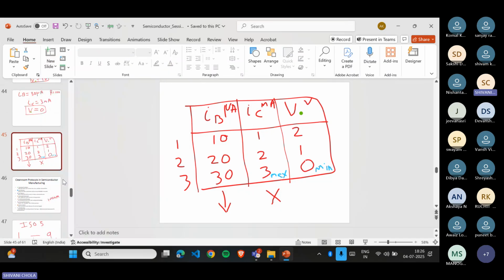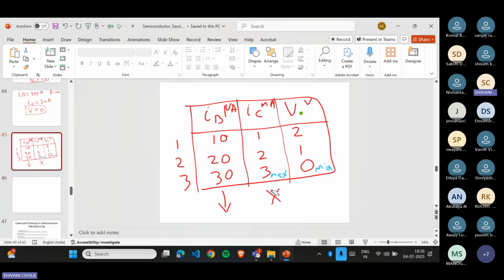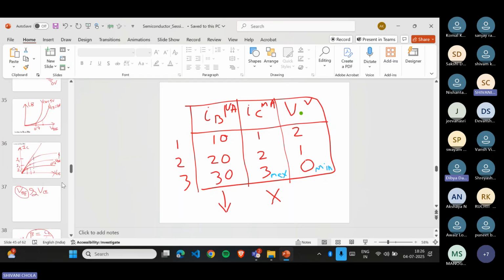According to this equation, IE equals IC plus IB, it should adjust the IE. Got it? Since your IC can't increase further, the extra current which you are using should go in the IE.